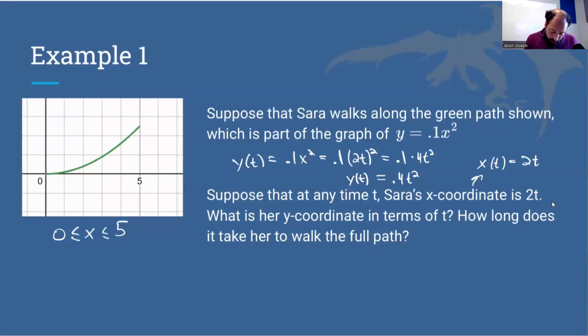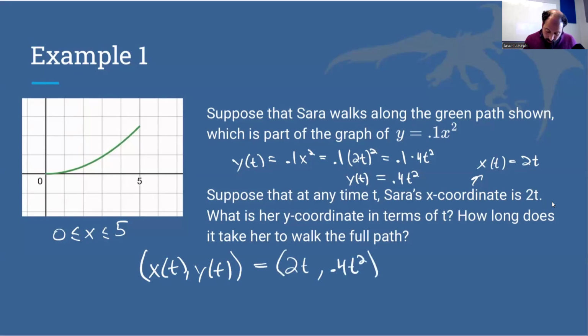So all in all, x of t, y of t as an ordered pair is 2t, 0.4t squared. When x is equal to 5, that's 2 times t, which tells us t is 5 halves or 2.5, as we saw in Desmos.